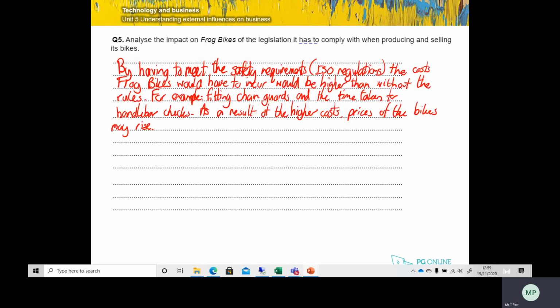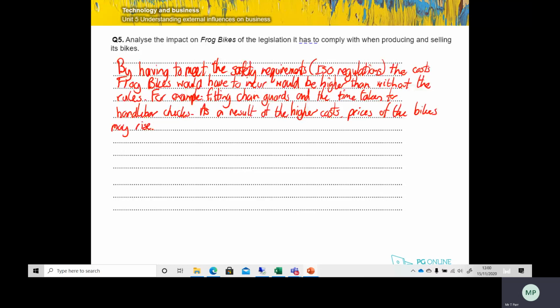As a business, you've got to think about that extra cost. It's going to cost you more for the chain guards to meet the regulation, and also the labour to pay for the time taken to do those checks. So that cost might go onto the price of the bikes.